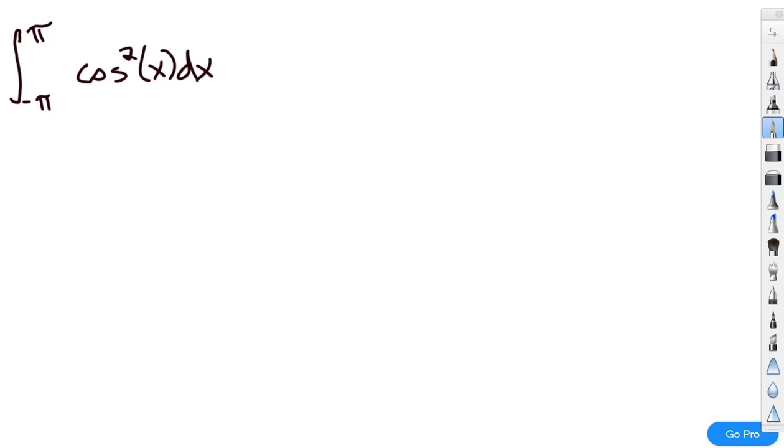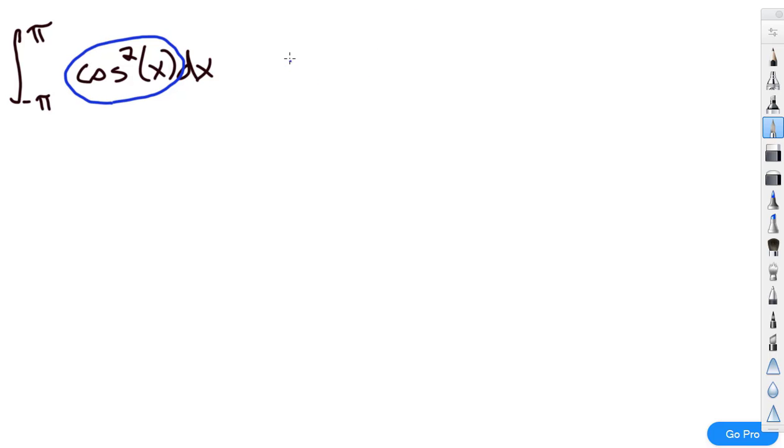The first thing I'm going to tell you is that if you look at this, you can try to let cosine equal u, and it's not going to get you anywhere. You can try to let x equal u, and it's not going to get you anywhere. So I'm going to look through some trig identities and see if there's anything I can change out for this cosine squared of x.